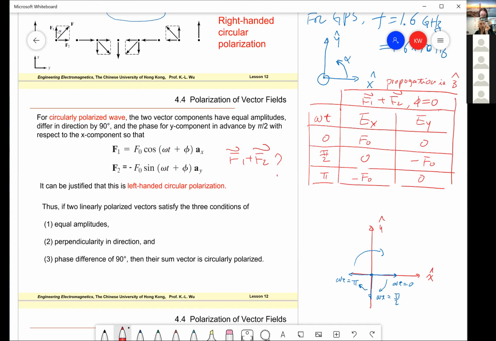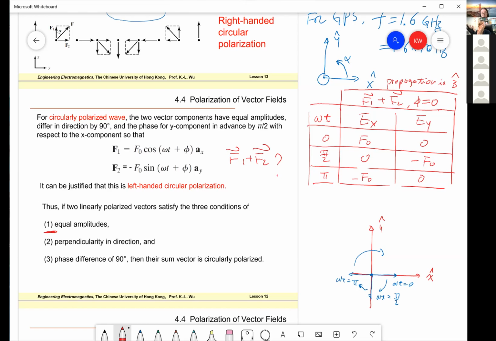Then we can see we have 3 necessary conditions that ensure we can generate circularly polarized wave. One is both x and y components must be equal in magnitude. Second, these 2 waves must be perpendicular.